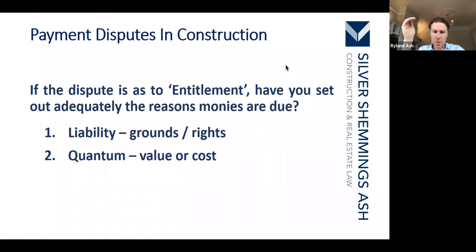Under the contract, what was the value of these works? Are they similar? Can I apply the rates in the contract? If the conditions for the works are different, but the work's similar, I will uplift the rates in the contract, but I won't completely depart from what had been agreed. In other words, we're talking about value in most cases as opposed to cost. And that's an important distinction to make.